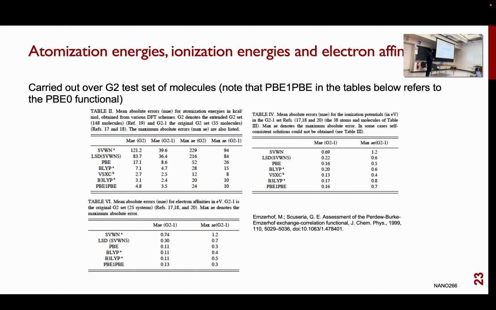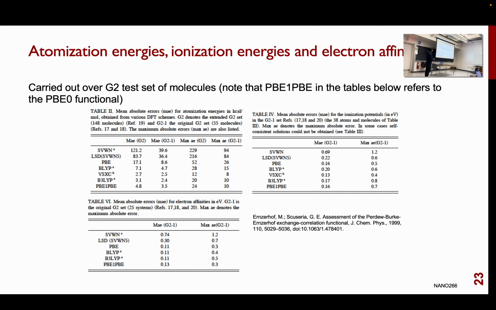And you will see that essentially the atomization energies are actually pretty good, right? So you have the PBE1, PBE functional, you get a mean absolute error across the G2 test set of about 4.8, I think it is kilocalories per mole, yes.